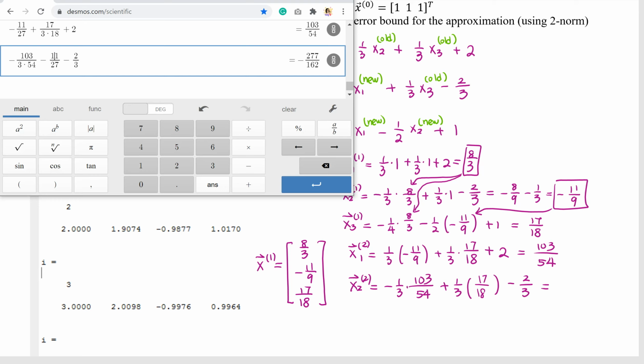So this should be 17 over 3 times 18. And this is plus. Let's see. It's plus.